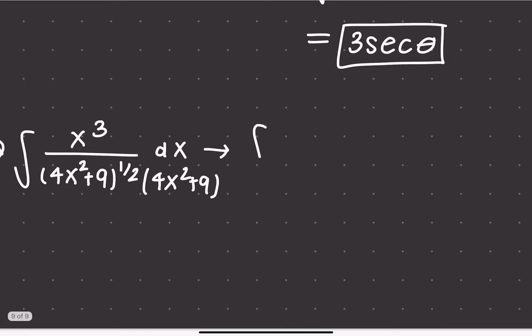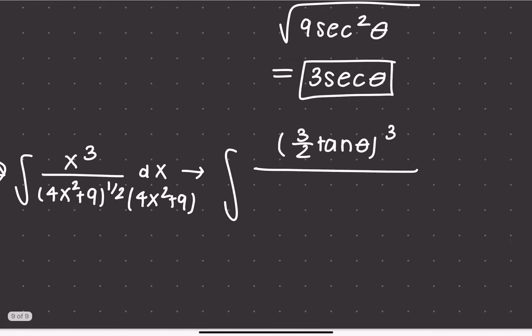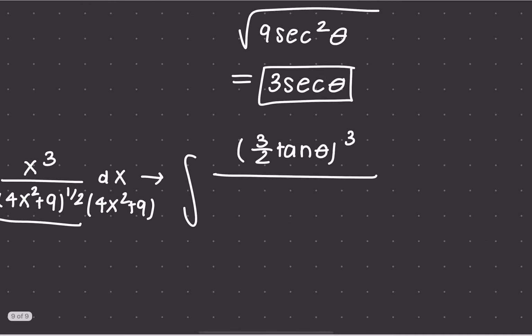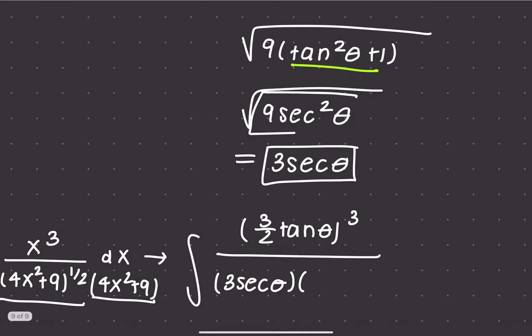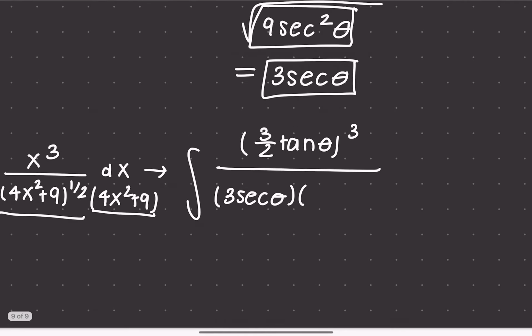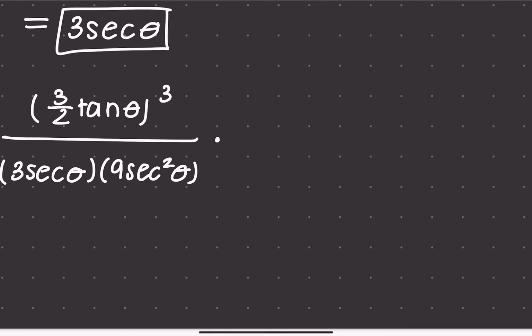This can be rewritten as x cubed, where x is 3 over 2 tan theta, so (3 over 2 tan theta) cubed, divided by the square root of 4x squared plus 9, which we just said was 3 secant theta, times 4x squared plus 9, which is just this part without the square root, so 9 secant squared theta, times dx, and we said dx was 3 over 2 secant squared theta.